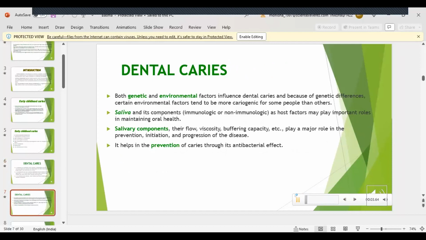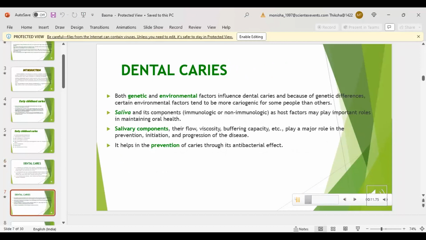Also, there are other factors influencing dental caries, which are the genetic and environmental factors, because genetic differences in certain environmental factors tend to be more cariogenic for some people than others.